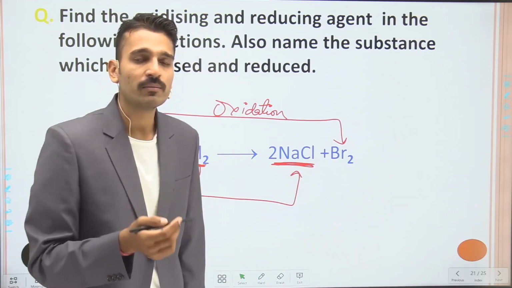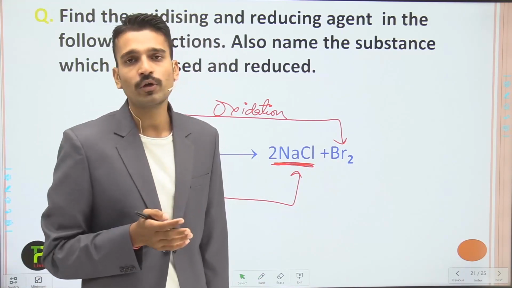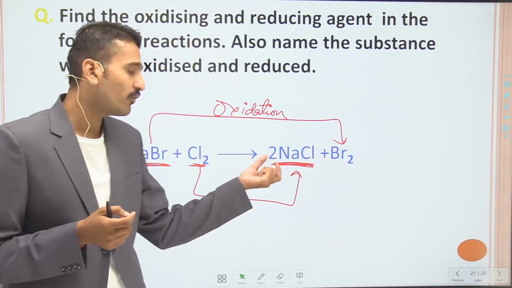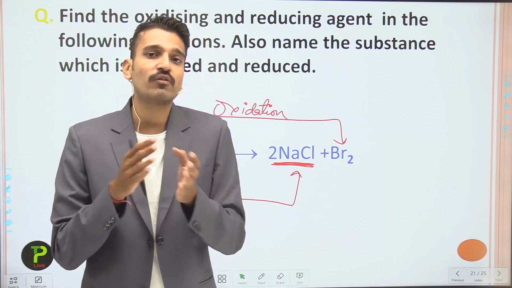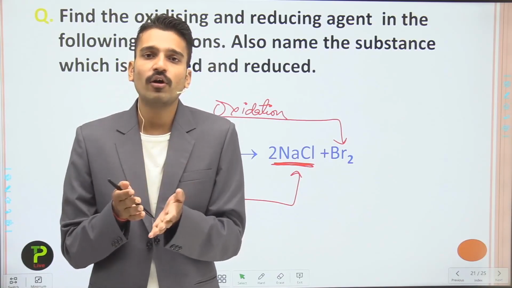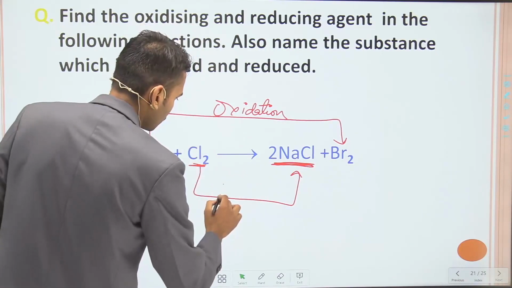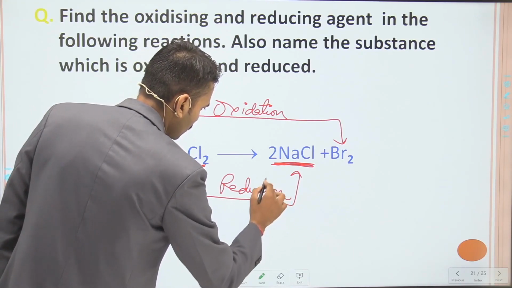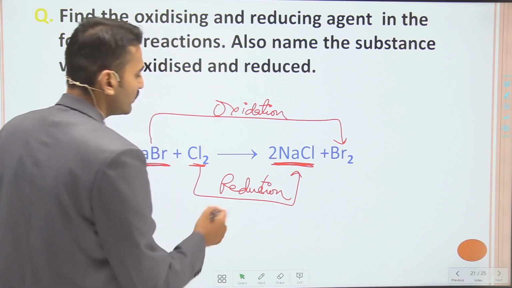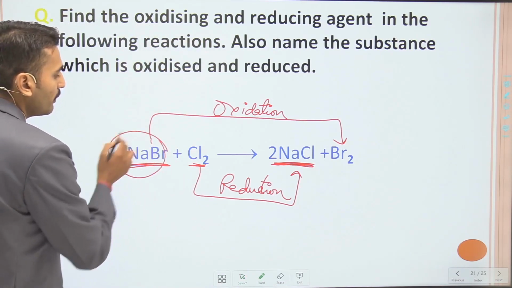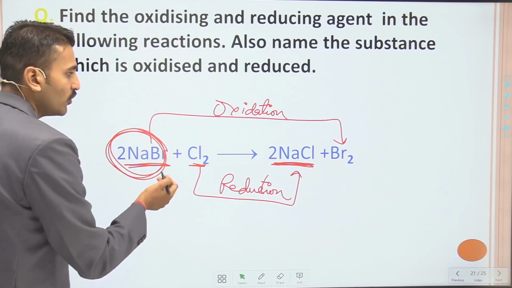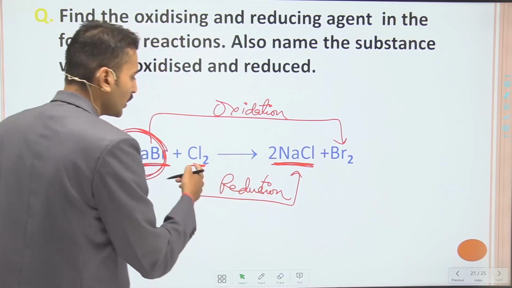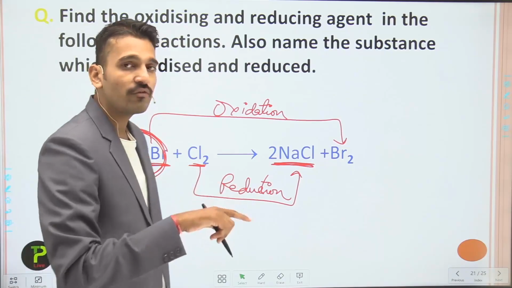While the chlorine adds up the sodium. So the addition of sodium to chlorine, and sodium is what? Sodium is an electropositive element. So the addition of electropositive element is what is termed as reduction. So NaBr undergoes the removal of electropositive element, while the chlorine has undergone the addition of electropositive element.